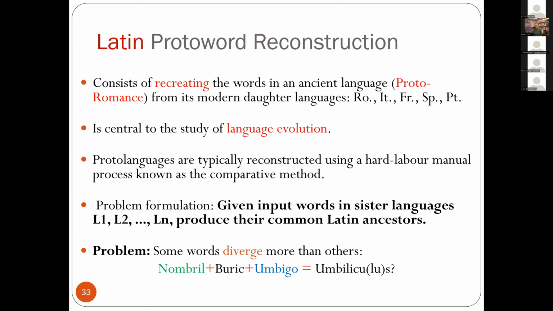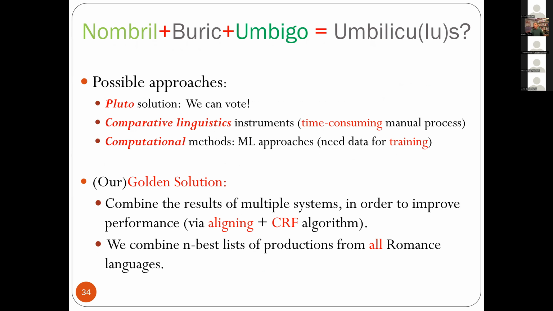As already said, given input words in sister languages, in N languages, we want to produce their common Latin ancestors. Our work was based on the modern Romance languages, Romanian, Italian, French, Spanish, and Portuguese, and we want to see if it is possible to obtain the Latin proto-word. Various approaches are possible. We can vote: if nombril plus buric plus umbilico is umbilicus.